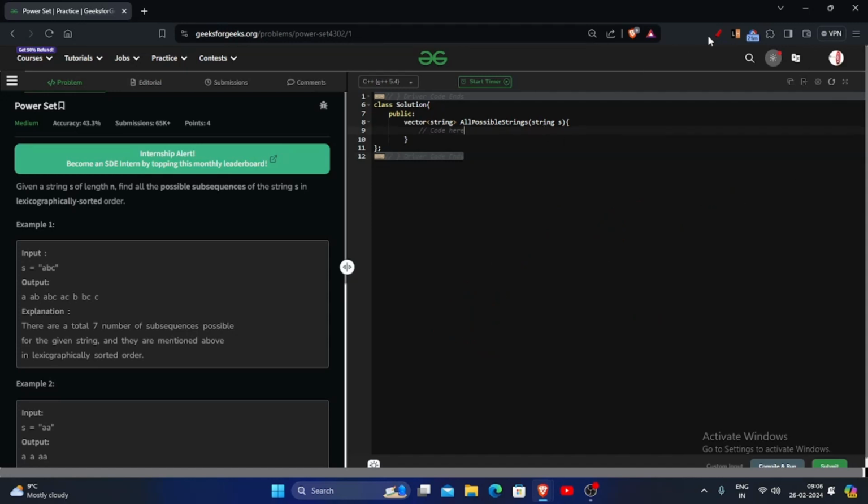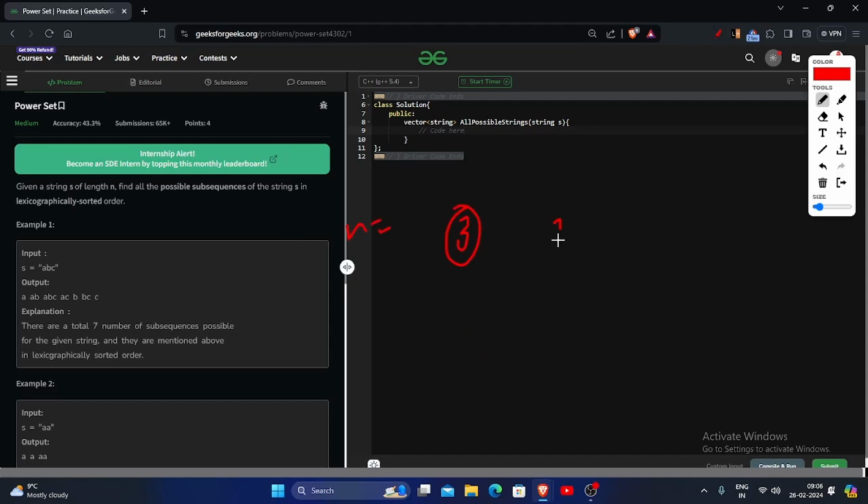So for getting all the possibilities for n equal to 3, we have 2 raised to the power n minus 1 ways, and that I actually tell you that if you need to form all the subsequences, you need 7 configurations, up to 111.